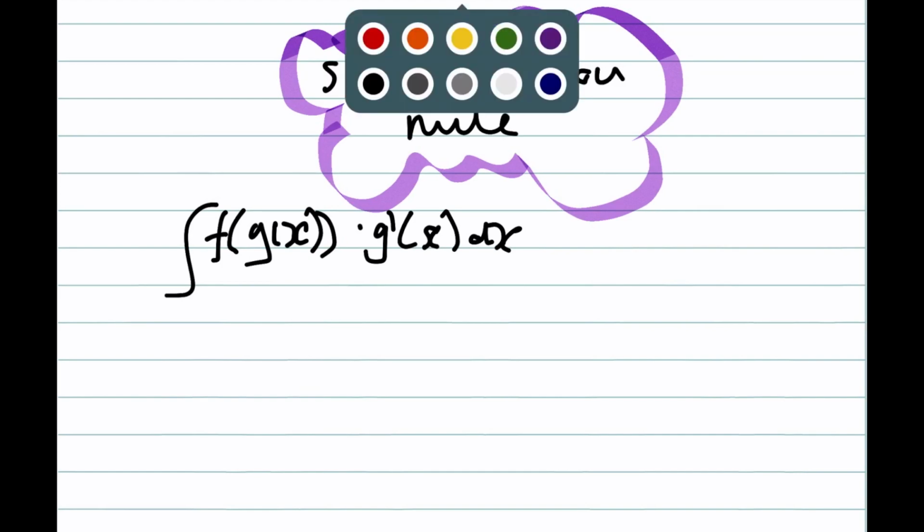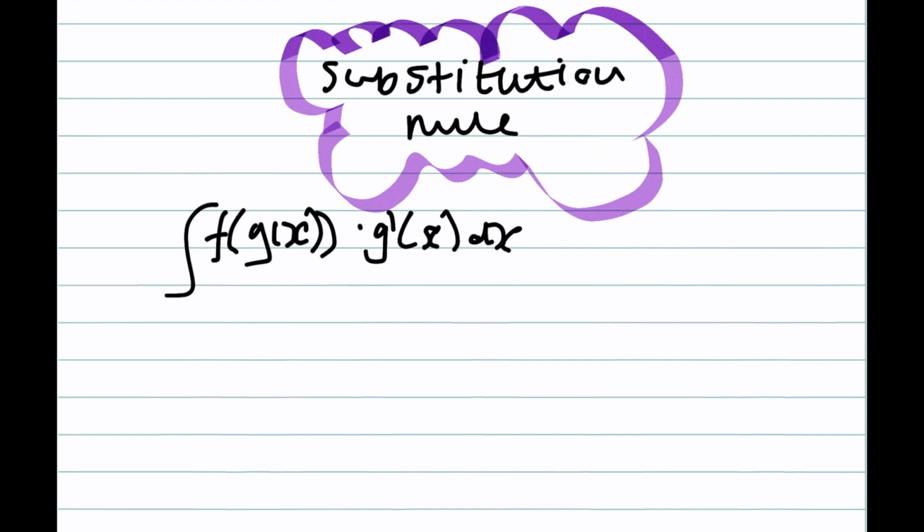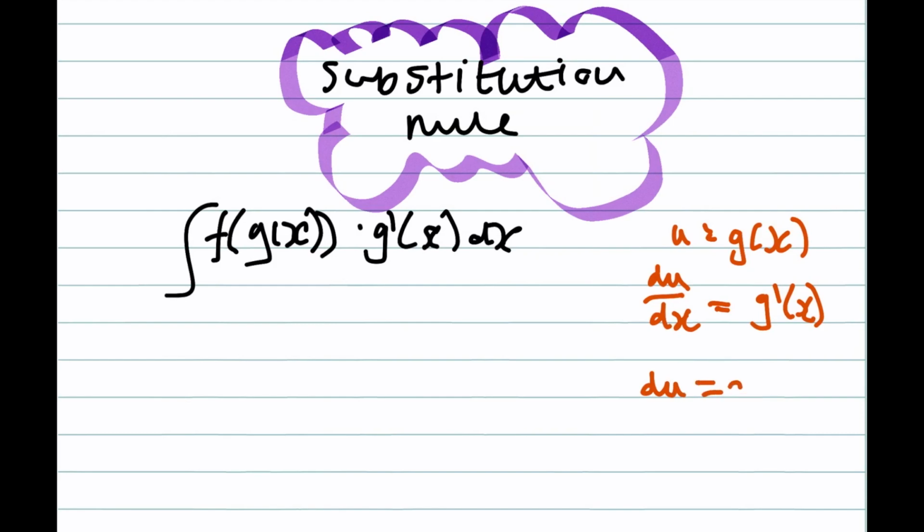Okay, now say we want to make a substitution to make this integral easier for ourselves. Well, we can make u equal to g of x. Then, if we take the derivative of u, we can get du dx, which will be equal to g prime x. And now du is equal to g prime x dx.